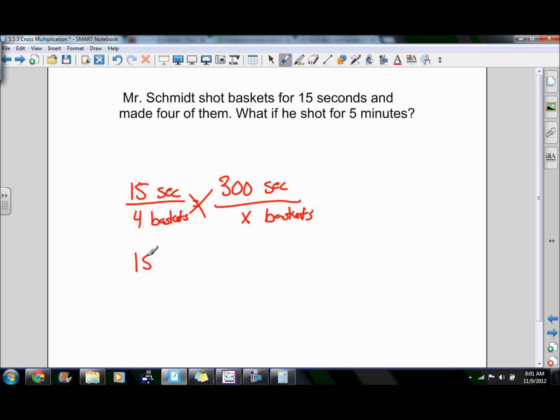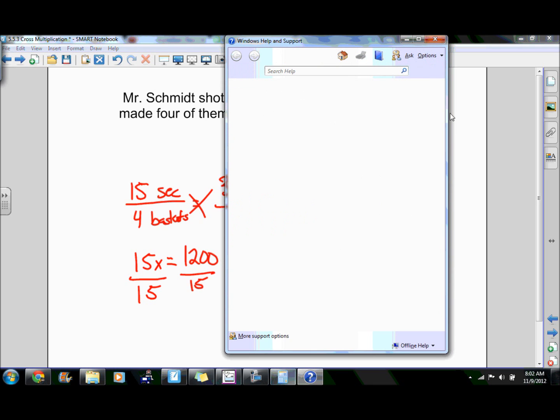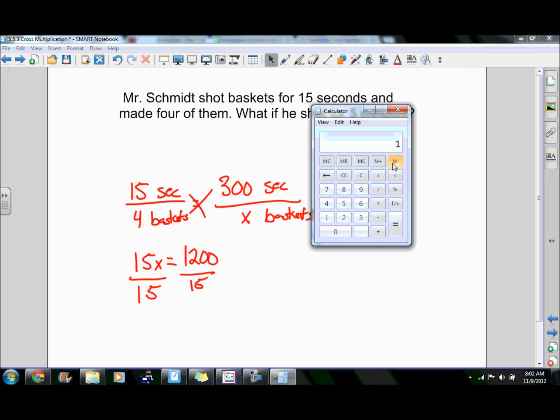So I have 15X is equal to 1200. I divide by 15. 80 baskets.